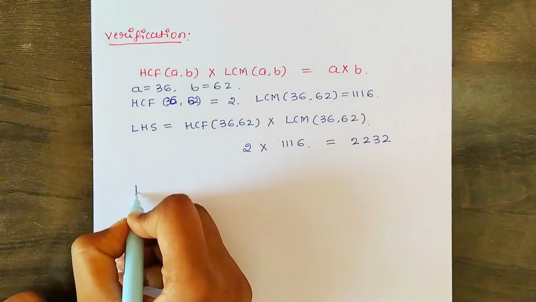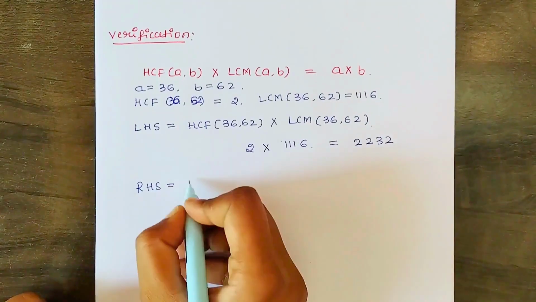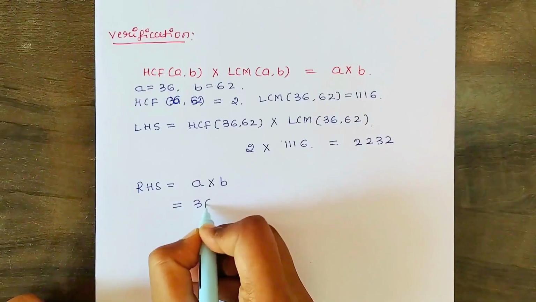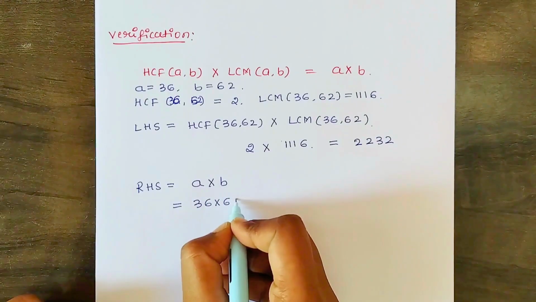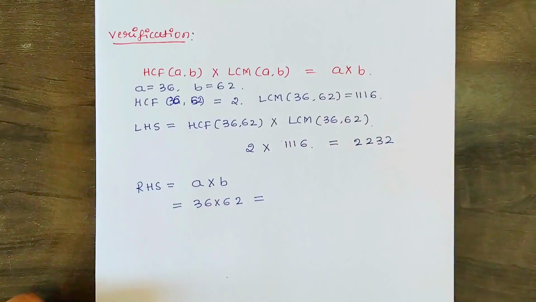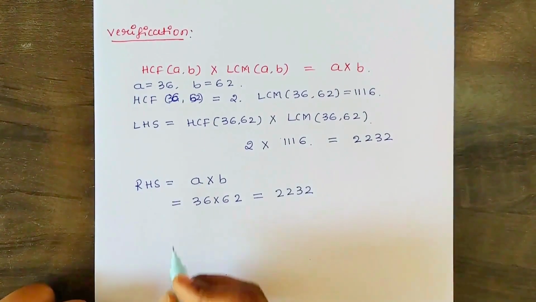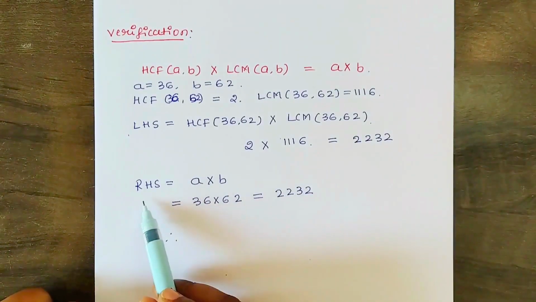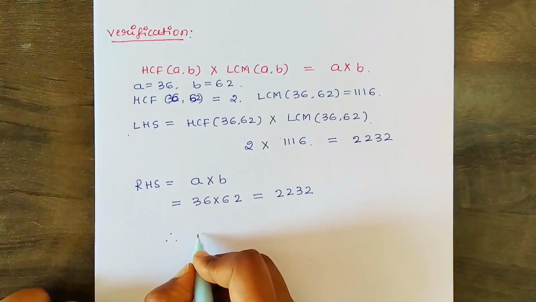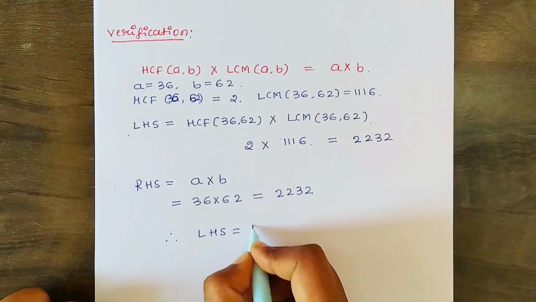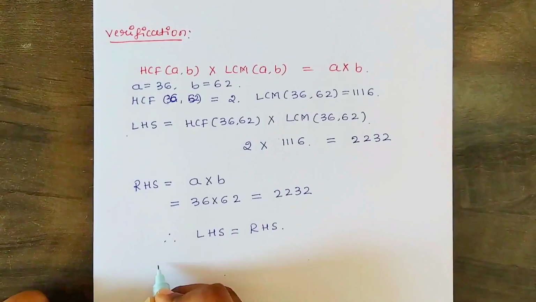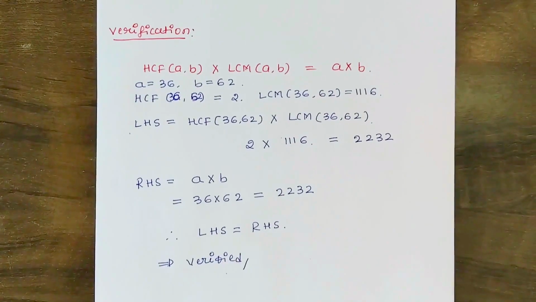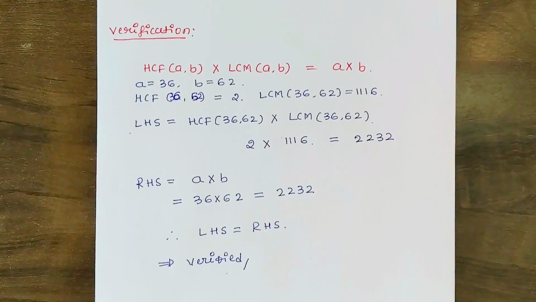Now I am considering the RHS of that relation, that is A into B. The value of A is 36 and the value of B is 62, and the answer is 2232. So the LHS I got as 2232 and the RHS as 2232. Therefore LHS is equal to RHS. The relation is verified. This is how you have to verify the relationship.